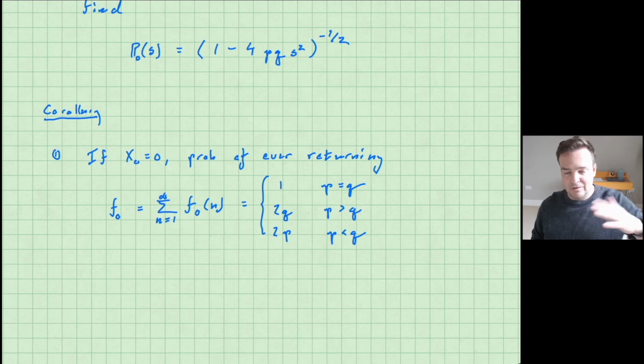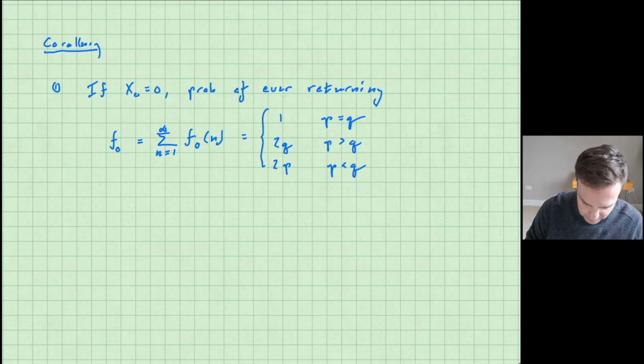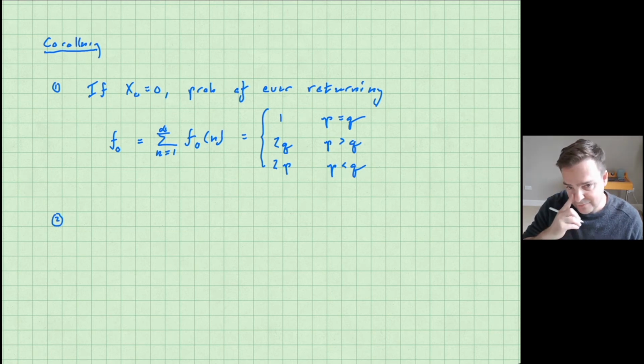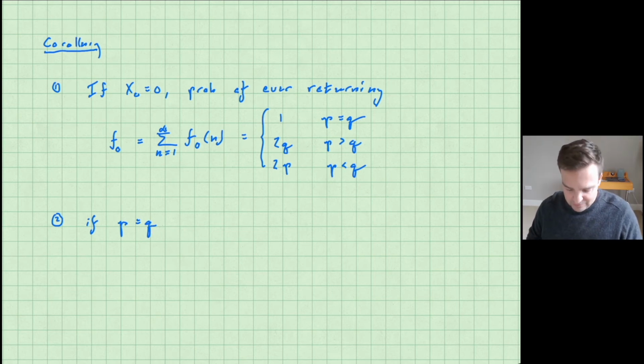And if it's equal chance of going either way, it seems sensible that you'll come back. So that's the first part of this corollary. And the second part is that if P is equal to Q, the states are actually null recurrent. All the states are the same anyways.